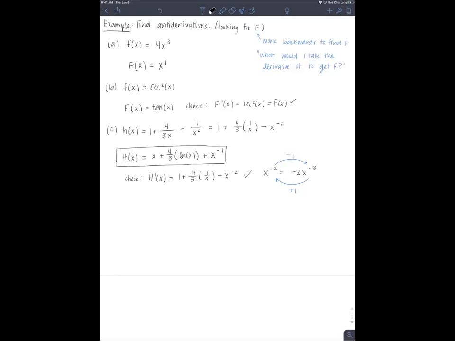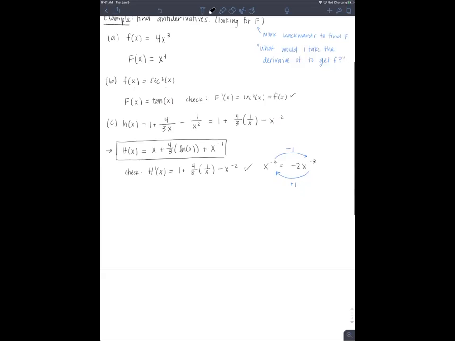Can anybody tell me what I can add to this capital H function and still have it be an antiderivative of little h? Is this the only antiderivative? Yeah, I can add a constant, right?